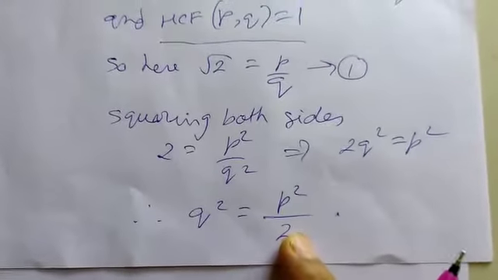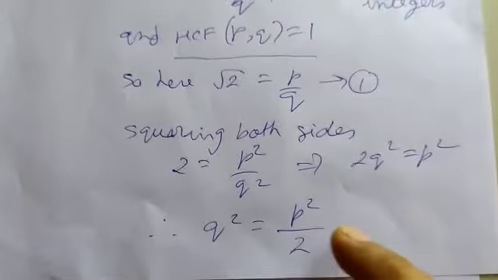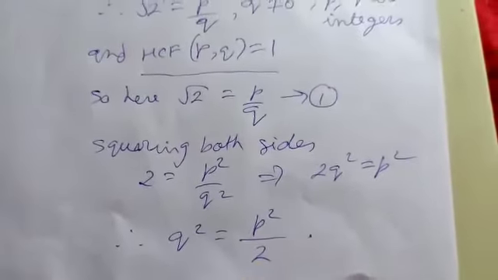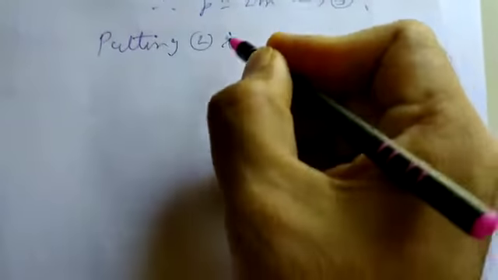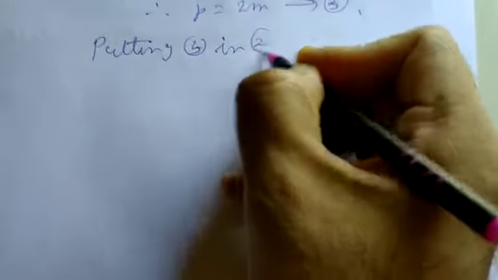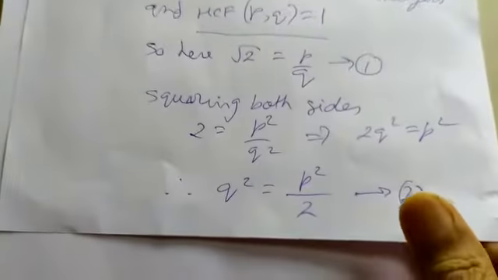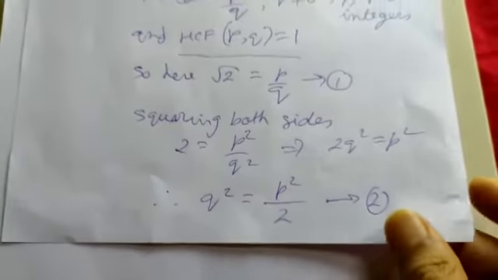So let us substitute the value of p. Suppose we call this equation 2 and this one 3. So put 3 in 2. What is our 2? It is q square equal to p square by 2.